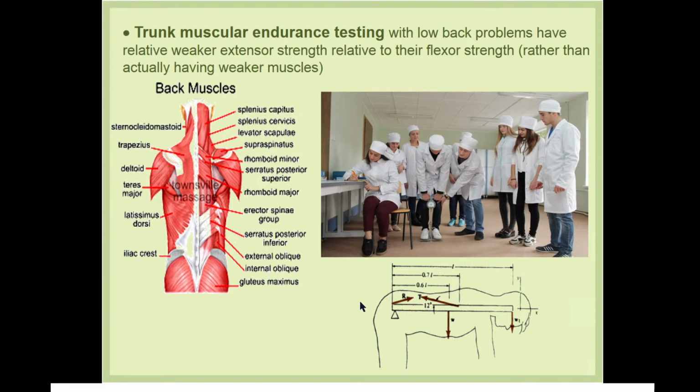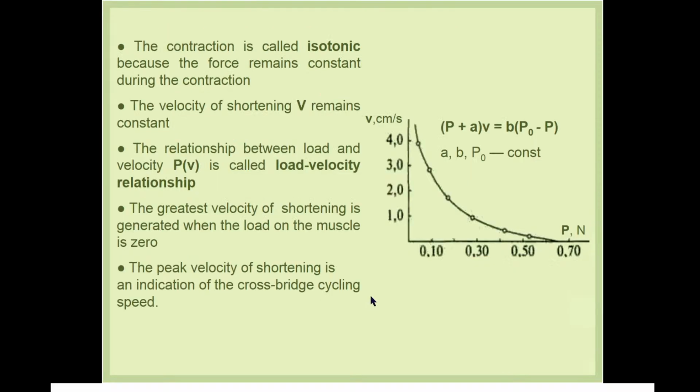So you can measure back muscle force developed by, one more time, dynamometry. And this is the procedure, and one more time you obtain the quantitative characteristic of the functional state of the human body.